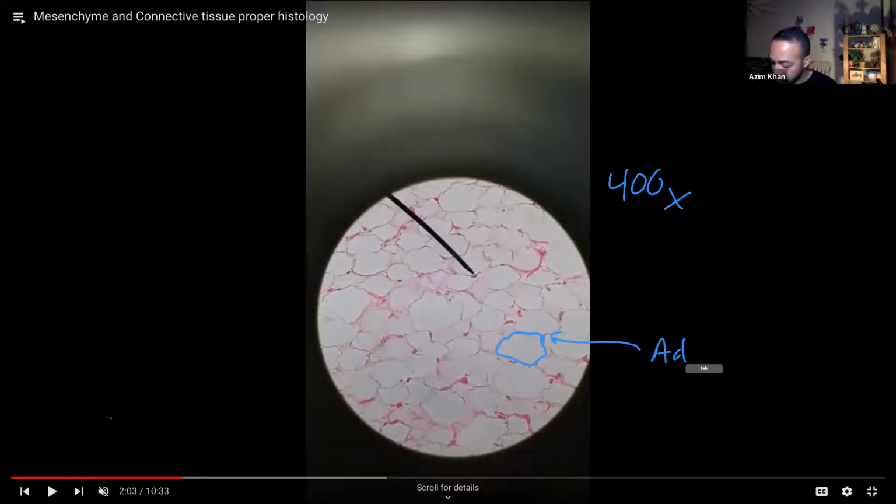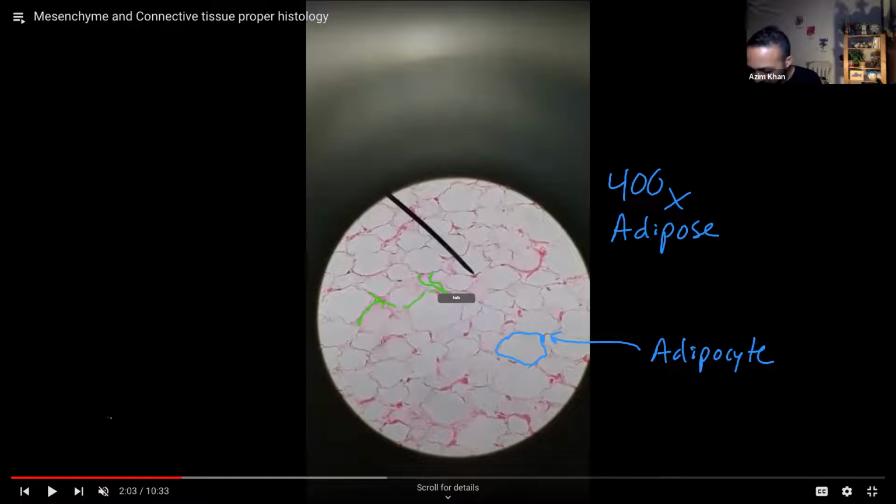This is an adipocyte, so this is adipose connective tissue. There is collagen in between these cells. It's hard to see all of them, but where it gets darker around the edges, that's collagen. That's where you would find collagen in the extracellular matrix.